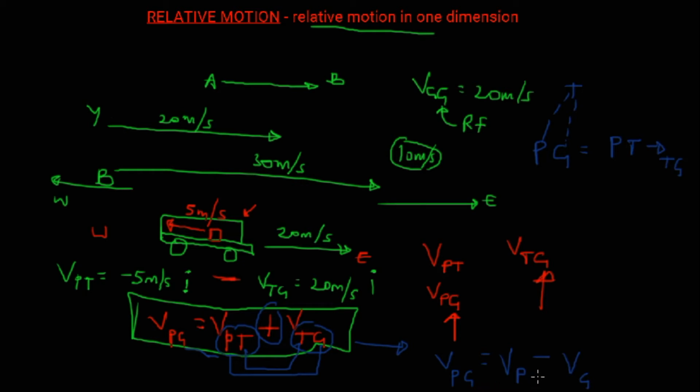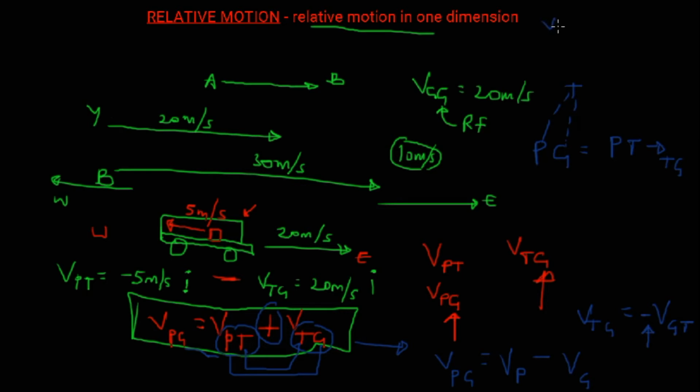You can do this because VTG, the relative velocity of the train with respect to the ground, is equal to the negative velocity of the ground with respect to the train. So when the subscript changes, it requires a negative sign.